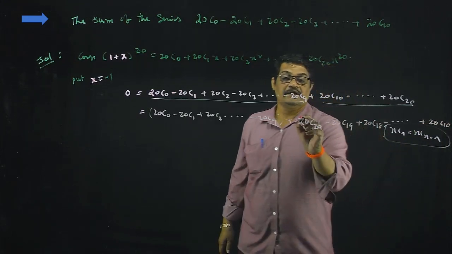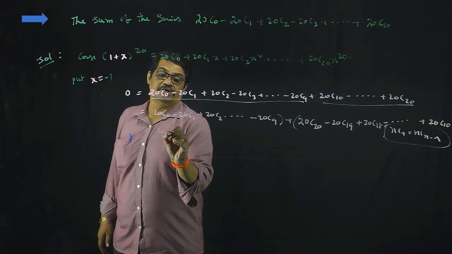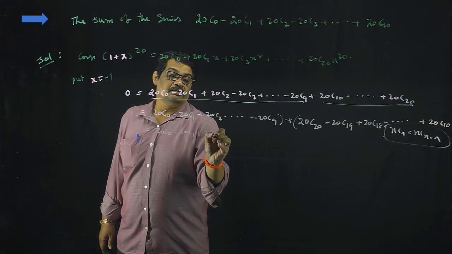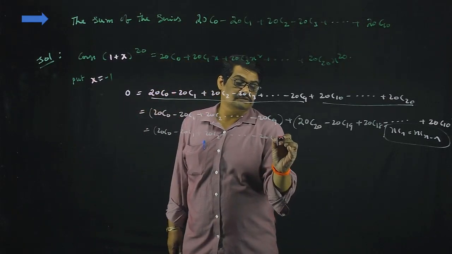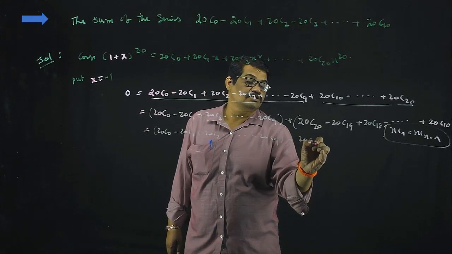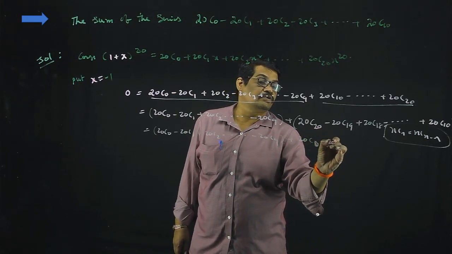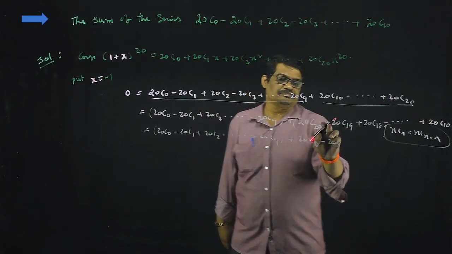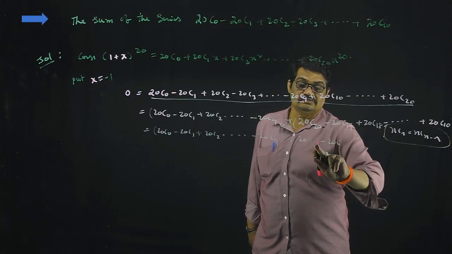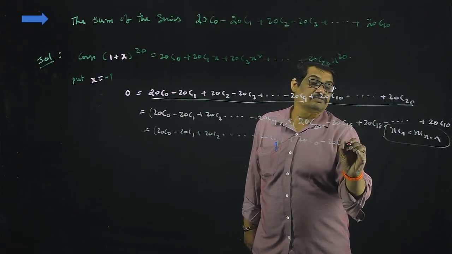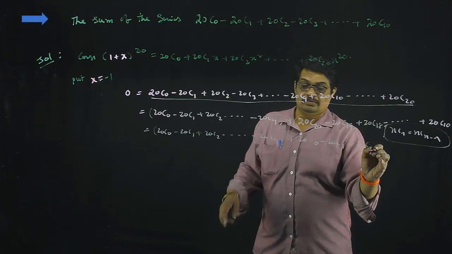Now this one is nothing but 20C0 minus 20C1, 20C2 and so on minus 20C9. This can be written as 20C20, that is 20 minus 20, that is C0, minus 20C19, that is 20 minus 19, that is 1, plus 20C2 and so on.